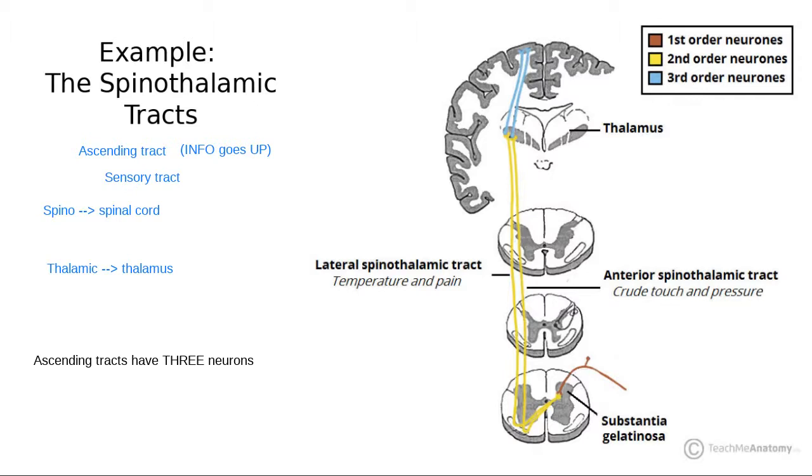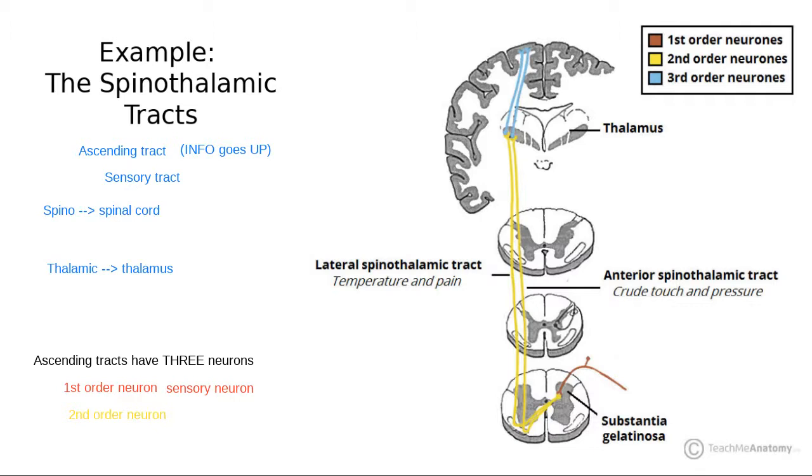So let's make a list here with our neurons. My first order neuron. The first order neuron is the sensory neuron. That's the neuron that's collecting the sensory information from the body. Let's see if we can actually see yellow.